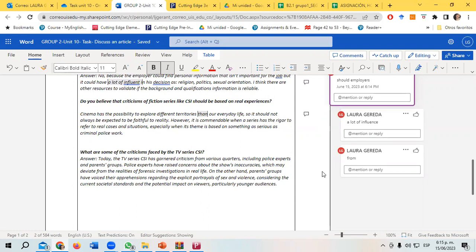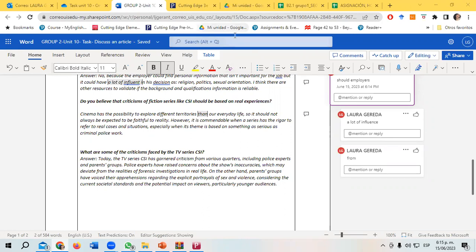Okay, what are some of the critiques faced by the TV series CSI? Today, the TV series CSI has garnered critics from various quarters, including police experts and parents groups.